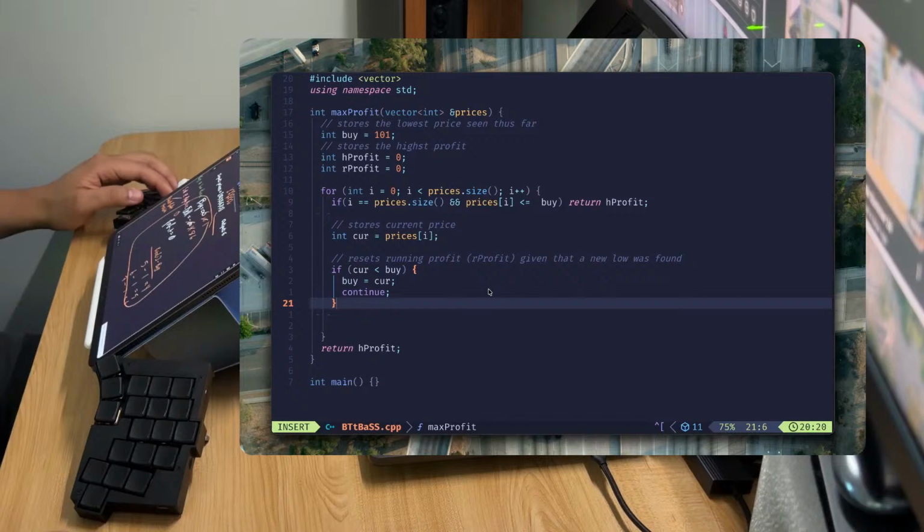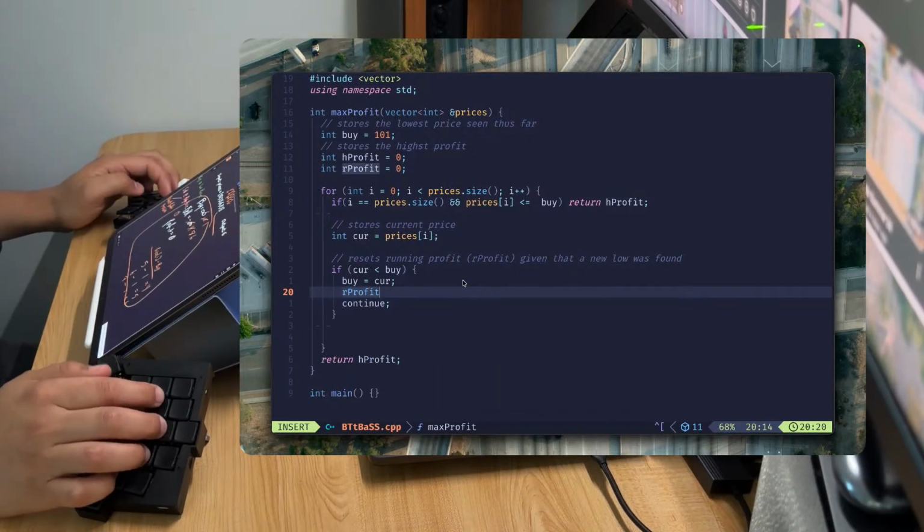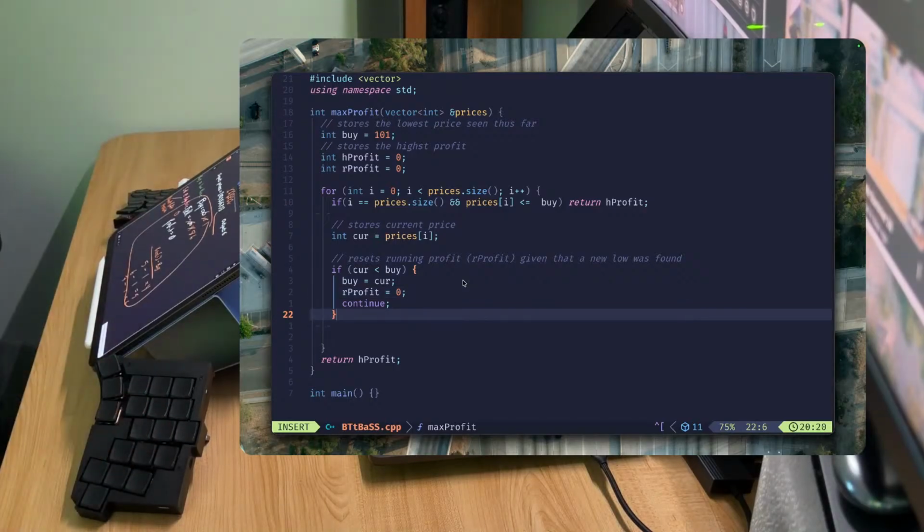Oh wait, and we also said running profit to 0. So we update our new lowest price, and we update our running profit.